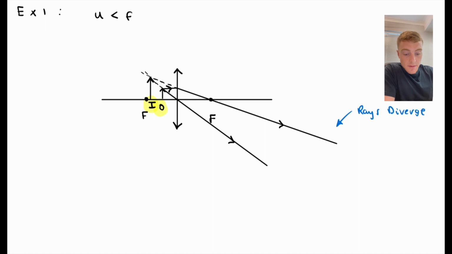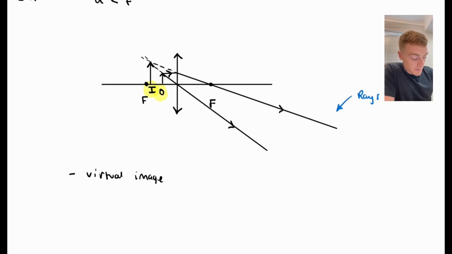Okay, so we can see that we've got a virtual image formed. One, because it's from the apparent divergence, or rays only appear to meet.